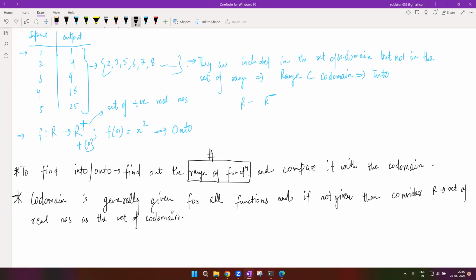So in most cases, it will be given. But if it is not given, you always remember that R, the set of real numbers, is the set of codomain.